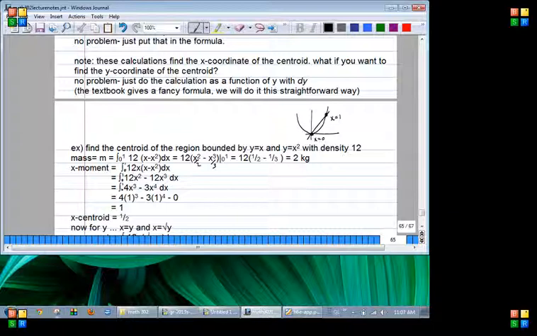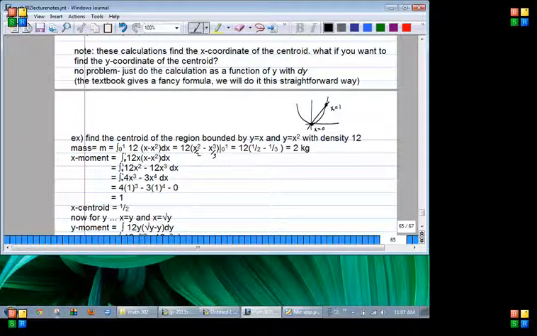But now we've got our functions, and now we just do everything the way that we want to do it with y as our variable. So the y moment is the integral of the density 12 times the position, which is now y, because we're talking about y, times the top function minus the bottom function. But in terms of y values, look at the picture.